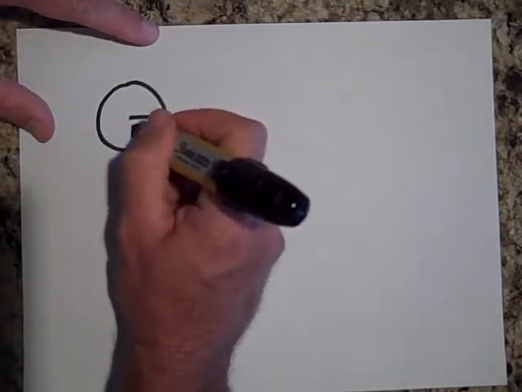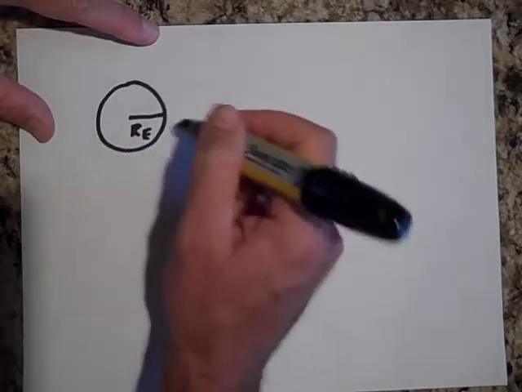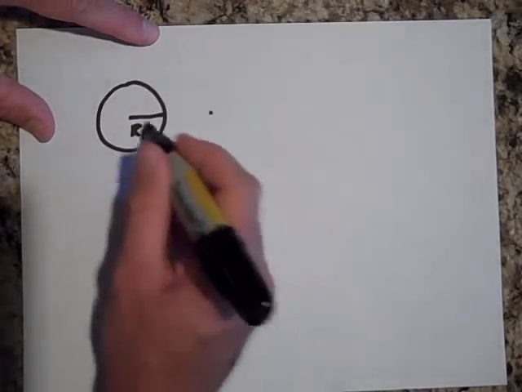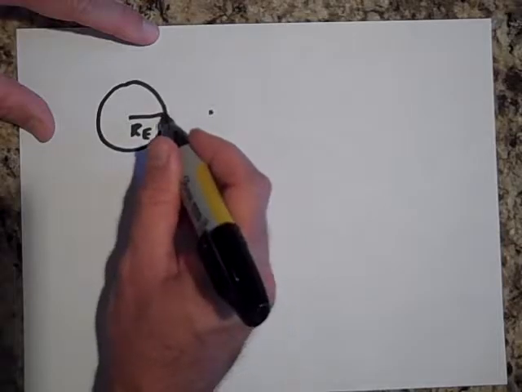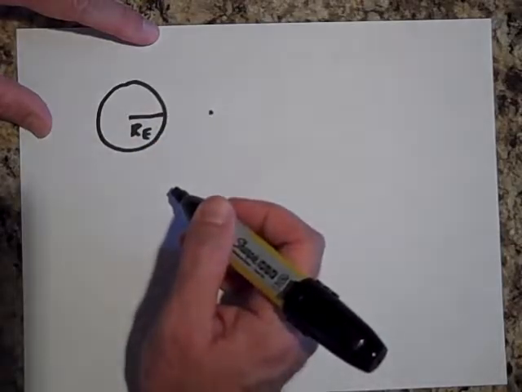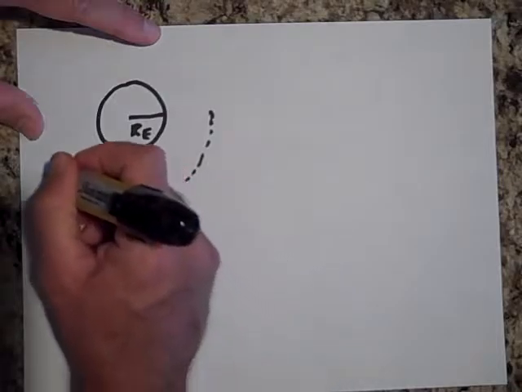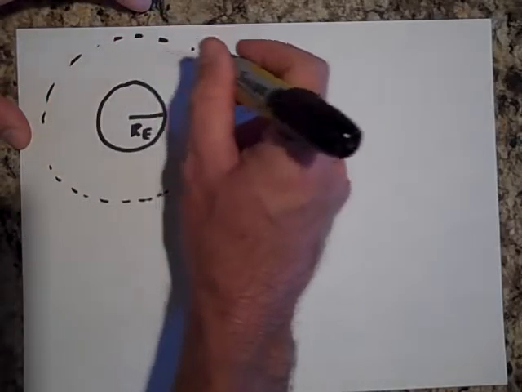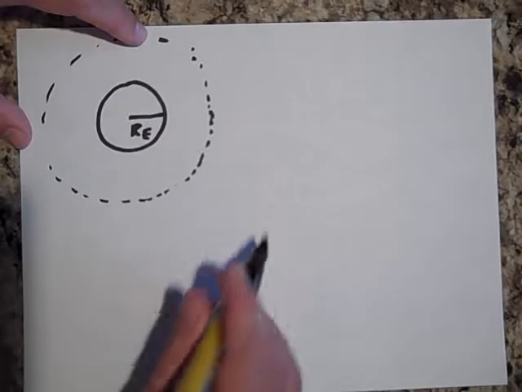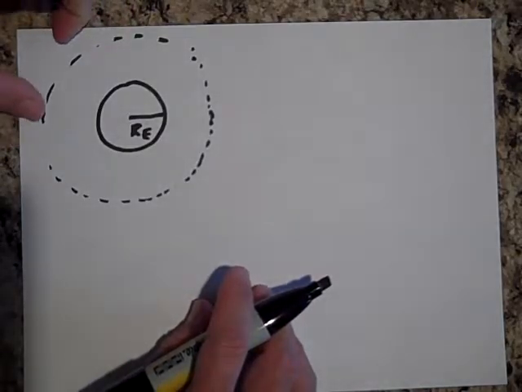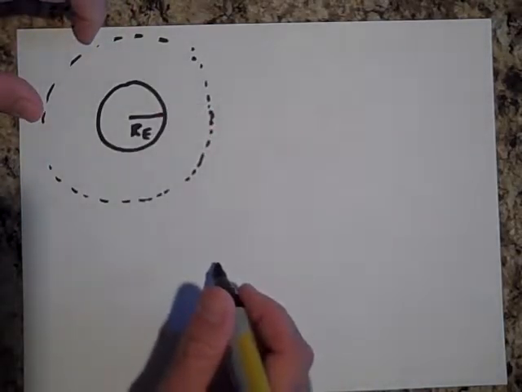Here's the radius of the Earth. You're out here a distance, a whole other rE away from here. And the question is if you want to go in a circular orbit, what speed do you have to go at so that you don't come plummeting down to the Earth?